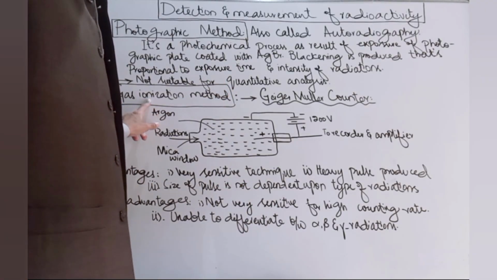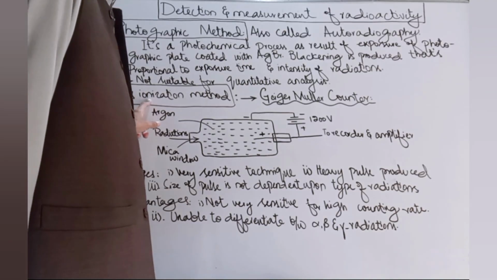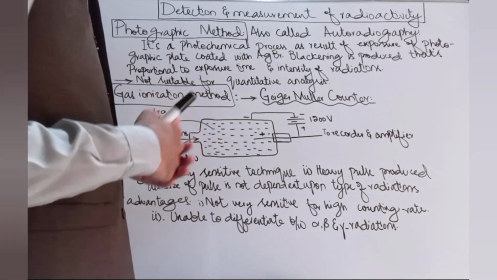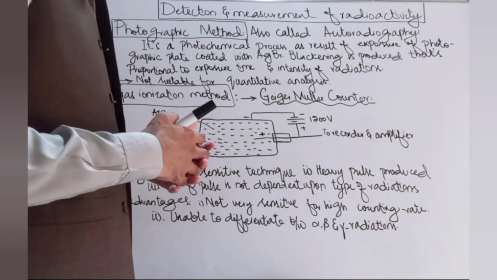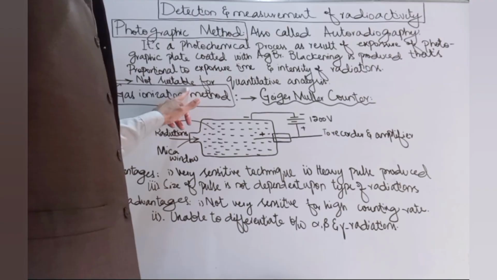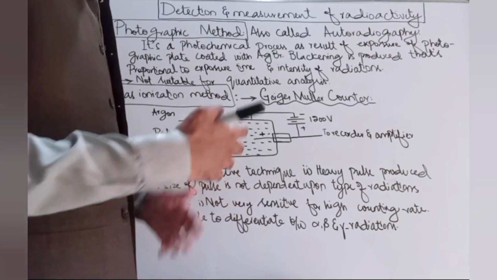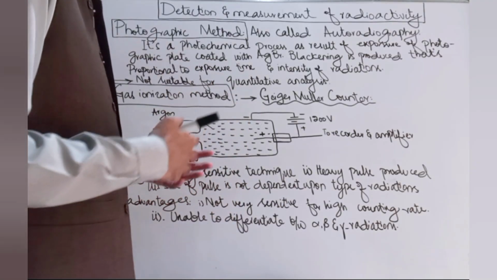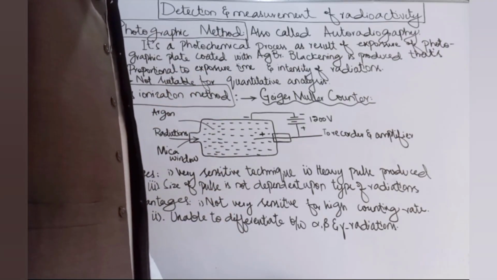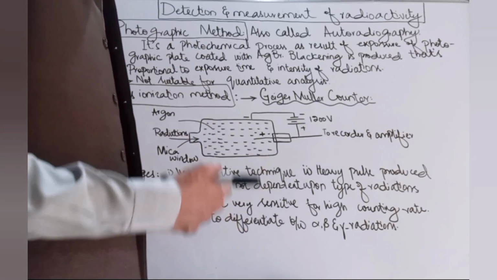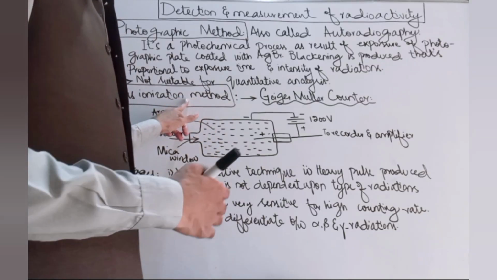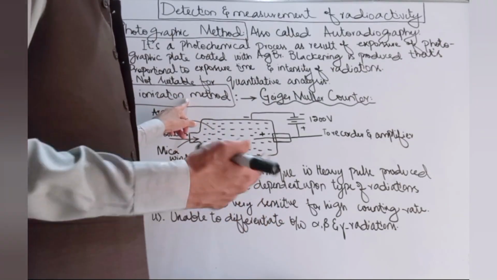The next method for detection and measurement of radiations is the gas ionization method. Basically this method is based upon the ionizing properties of the radiation. Radiations are used to cause ionization, and the resulting electrons and cations are subjected to an electric field, and because of that field they are collected at their respective electrodes, the anode and cathode.